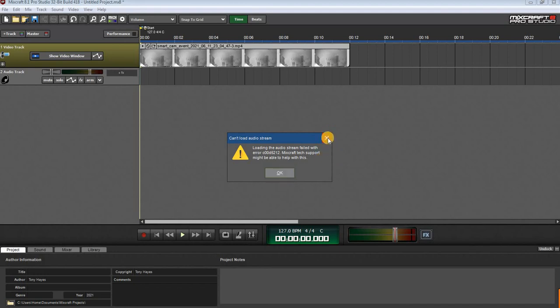Okay, problem again with the audio. While I remember with the audio, I haven't come across one of these cameras yet where the audio is in sync with the video. What I mean by that is with the audio you get a little bit of latency, normally about 1.5 seconds.